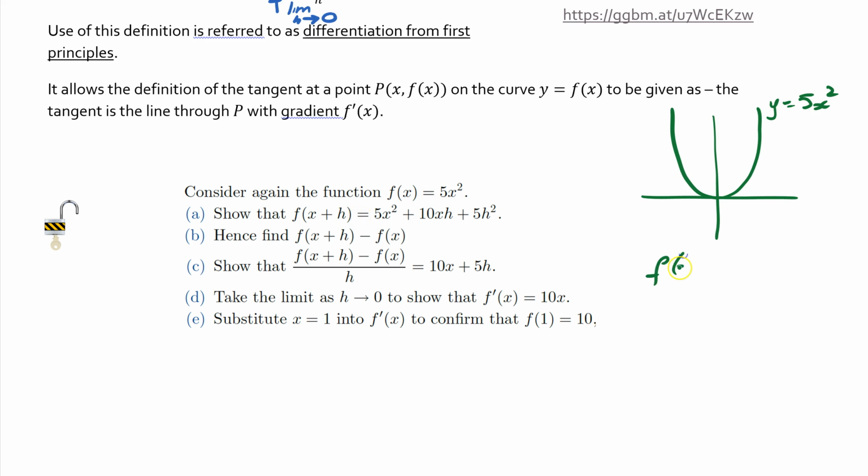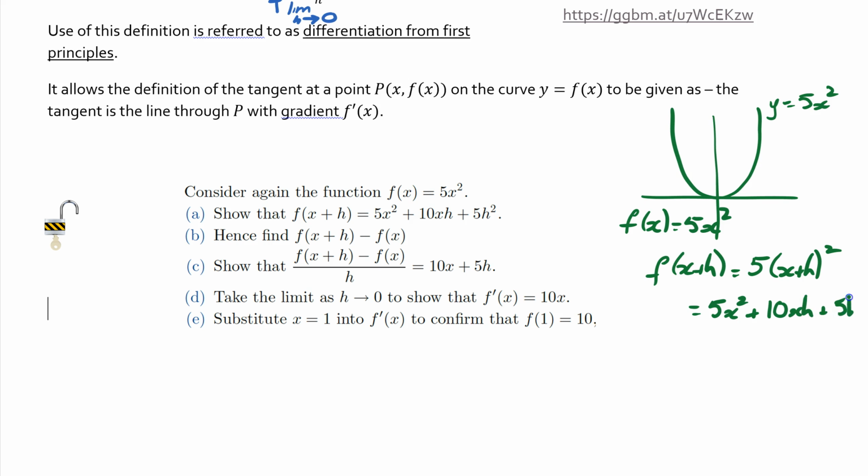So f of x plus h, we know how function notation works, that if f of x is 5x squared, f of x plus h means that we put x plus h in place of x in our original function. So that will become 5 times the square of the first, 5 times twice their product, and 5 times the square of the second.